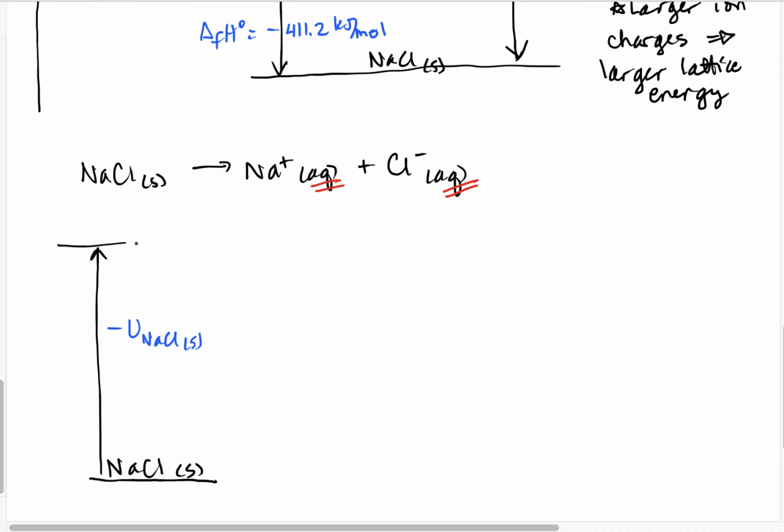And this will take us back to sodium ions in the gas form and chloride ions in the gas form. So this, again, we're just using Hess's law in this very specific way called the Born-Haber cycle. So when we hydrate sodium ions that are in the gaseous form or chloride ions that are in the gaseous form, these release energy.